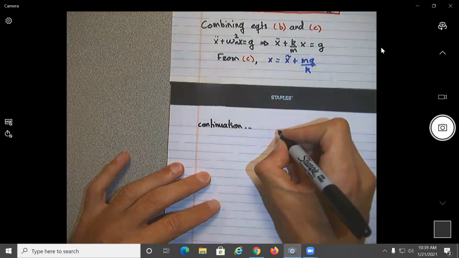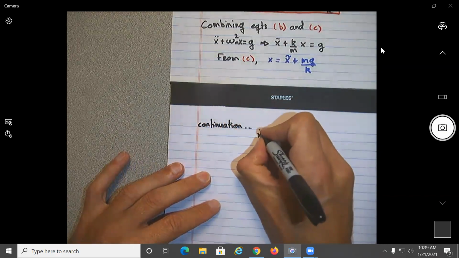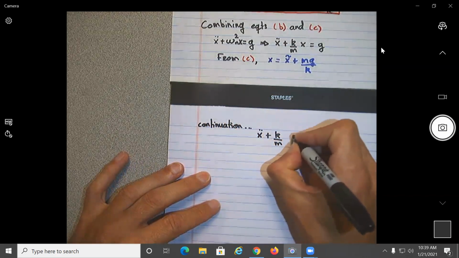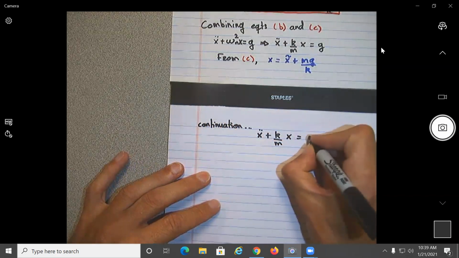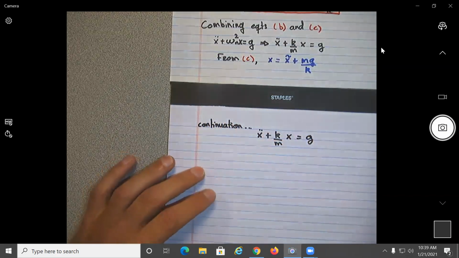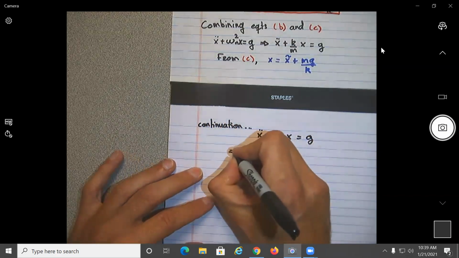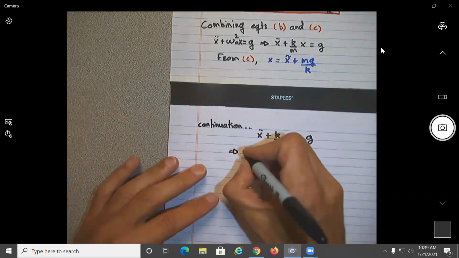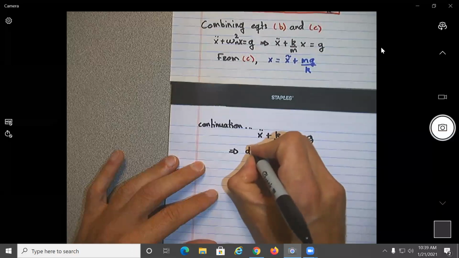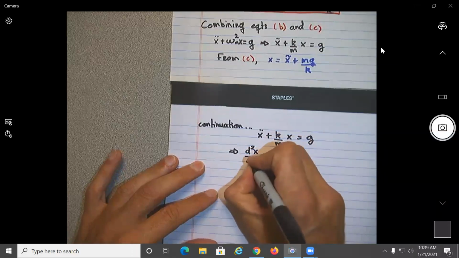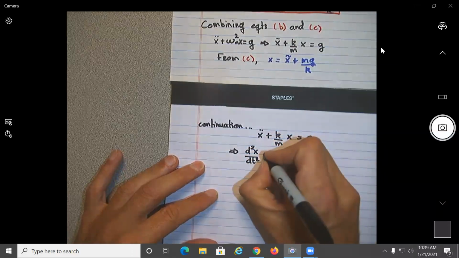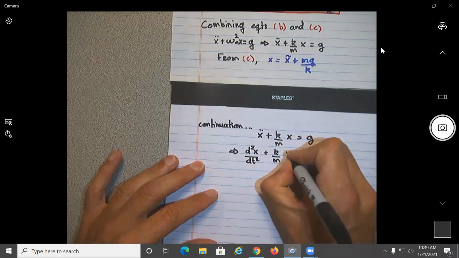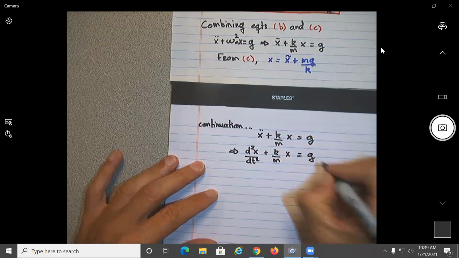We have x double dot plus k over m x equal to g. This is not really the way I wanted to do it, but since I run out of space, this is the same as d second derivative of x dt squared plus k over m x equal to g.